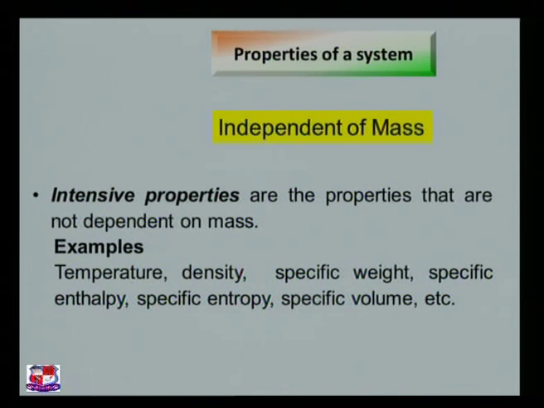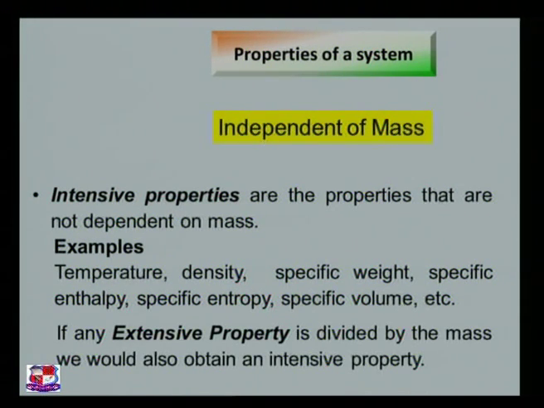The examples are temperature, density, specific weight, specific enthalpy, specific entropy, specific volume, etc. It means that whenever the mass gets changed, the property does not change. That is called the intensive property.